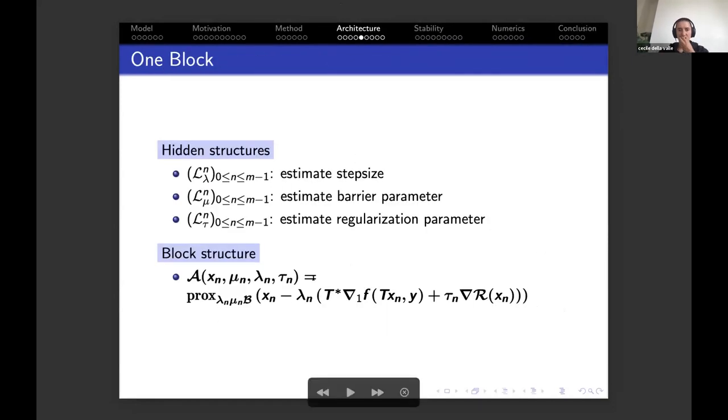The output will depend on the scalar, and I just learn the scalar. It depends on the input because when I compute A, I backpropagate here, but there is no other hidden structure for the gradient step. Yes, so you learn it through backpropagation. Yeah, just here.